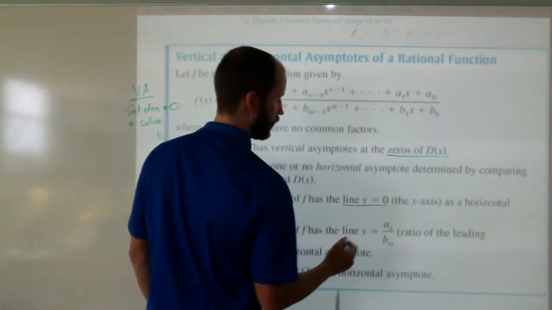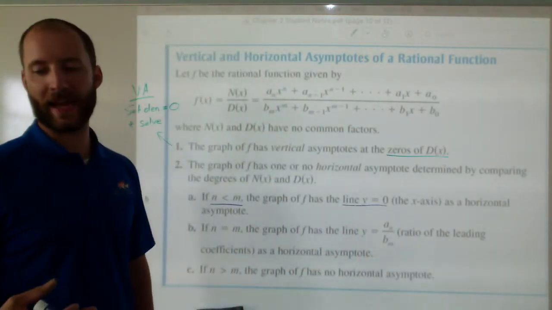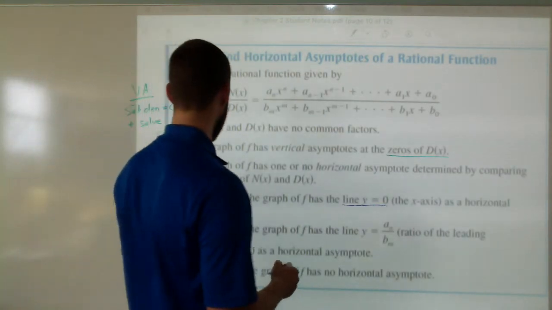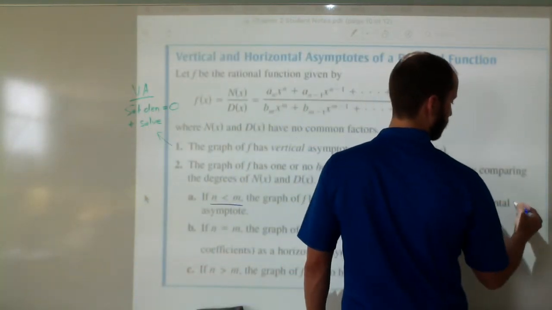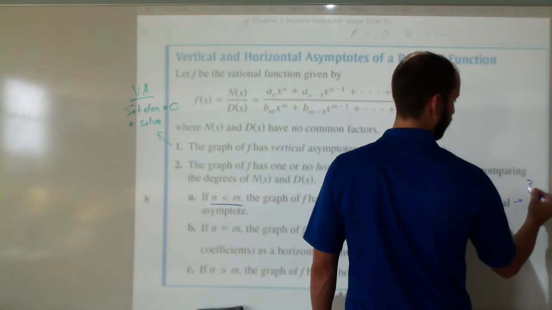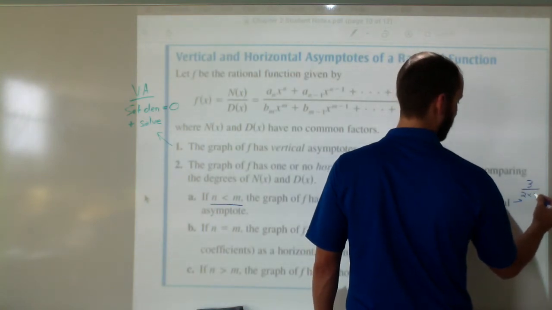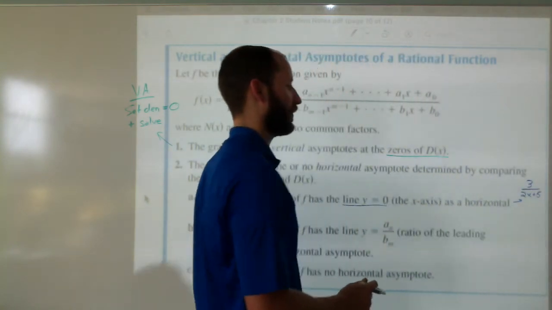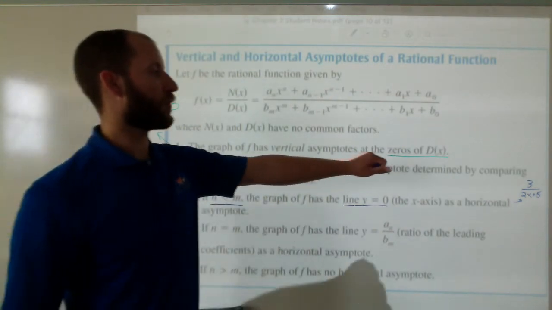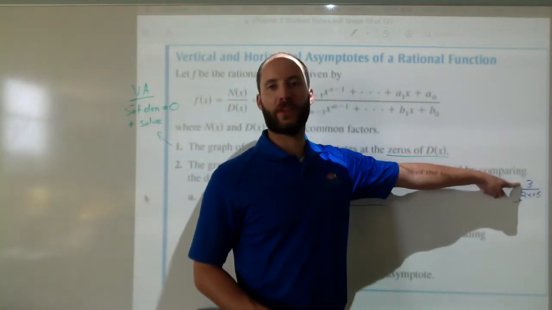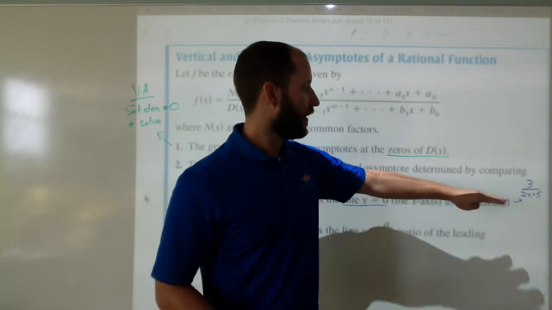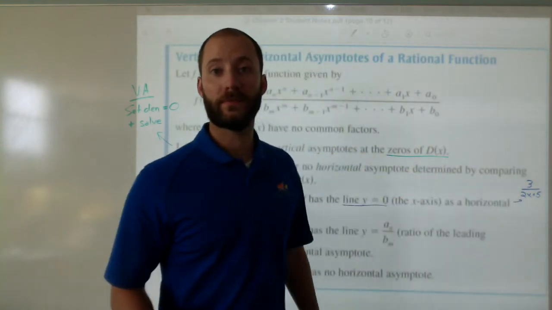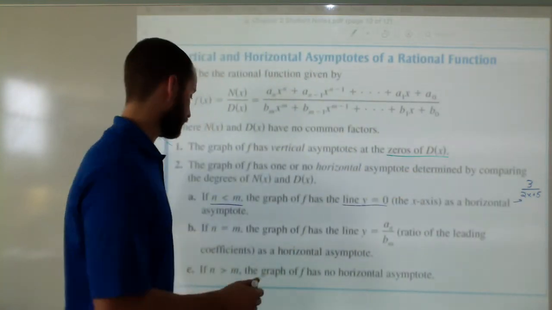Then that means your horizontal asymptote is automatically the line y equals 0. So for example, you'd have 3 over 2x plus 5. The degree of the numerator is 0 because there's no x term, so it's x to the 0. The degree of the denominator is 1, and 0 is less than 1.